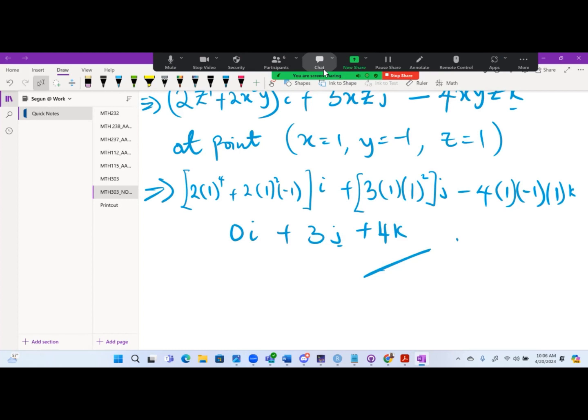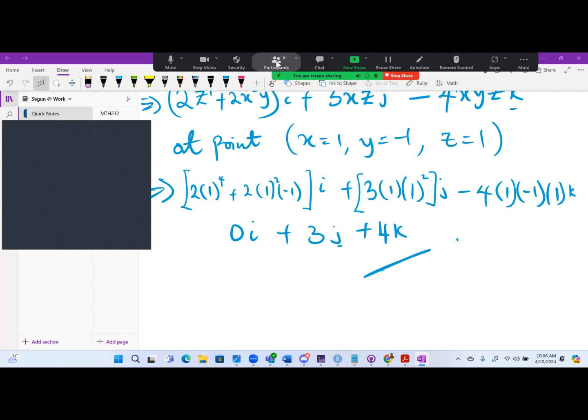Are we together, please? Hello, sir. I'm with you. 0i, I think it should be 0. Do we need to show zero? I put it there so that you know that this particular component is 0. If you put 0i, it's still the same thing. If you don't put 0 there, it's still the same thing. Okay, thank you, sir.